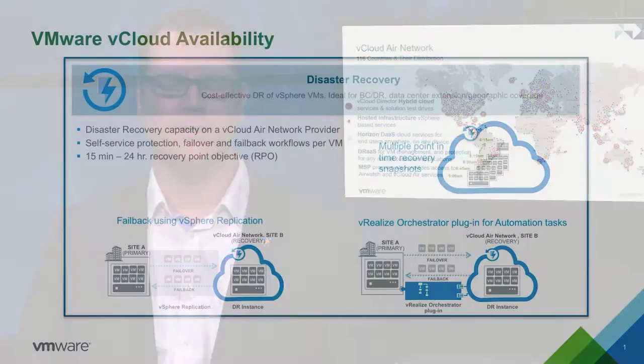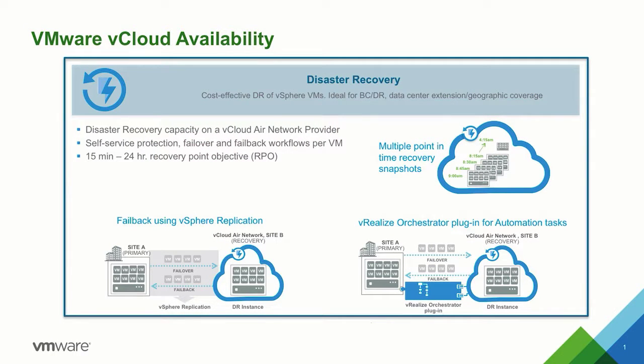So when we look at VMware's vCloud Availability and the disaster recovery service offerings that the vCloud Air Network provides, what does it actually give you? First of all, it's built leveraging VMware's vSphere Replication, so it's very simple to deploy in your on-premises environment and connect out to a public cloud provider. By consuming the vCloud Availability service in any one of those providers, you can have warm standby capacity in a public cloud.